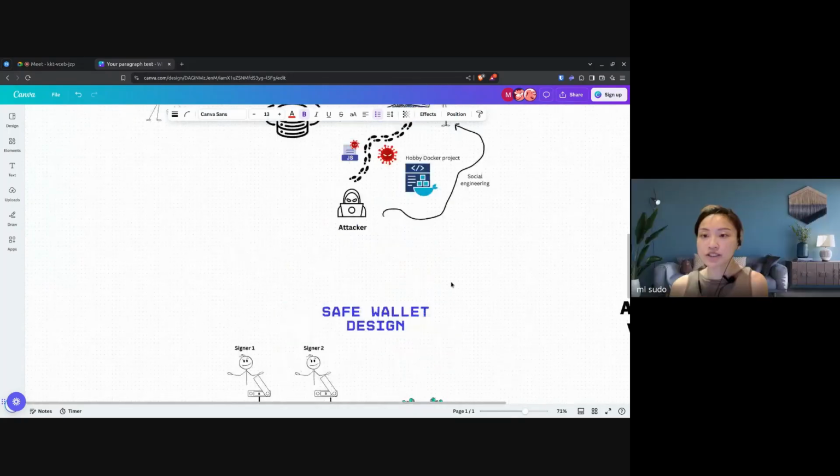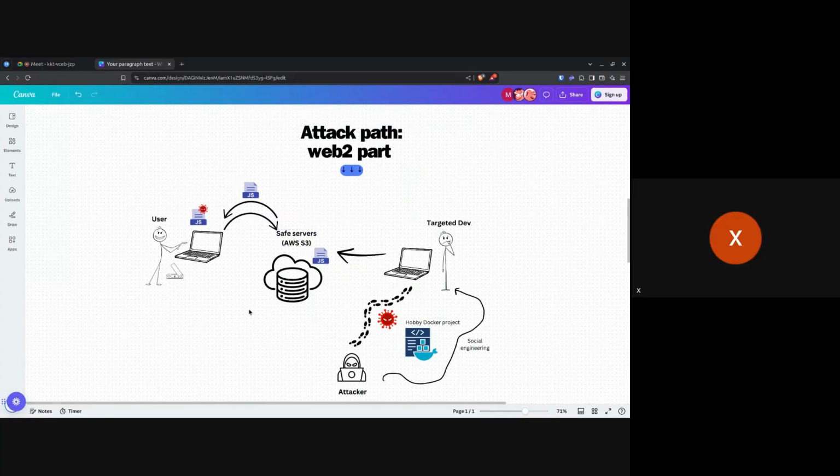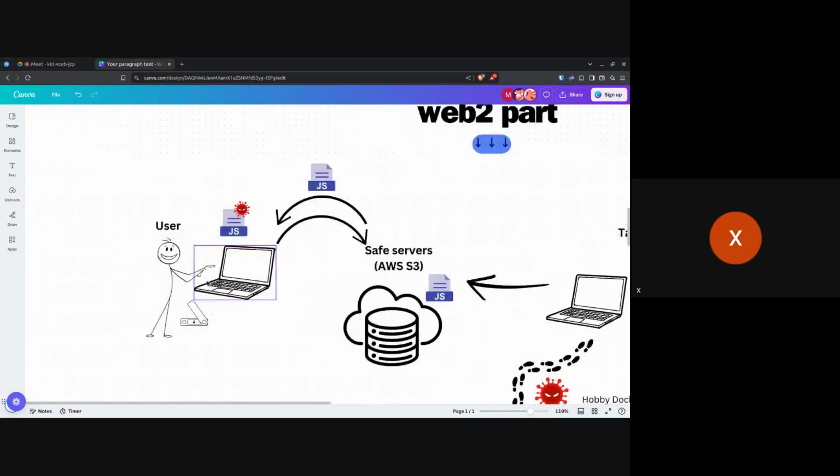Yeah. So if we tie it to the Web2 part, tell us what happened. We have the malicious JavaScript here, which ultimately got served to the user. What happened? Yeah, so we had some malicious JavaScript that was served from the backend of the Safe servers. And this JavaScript very specifically targeted the Bybit multisig.